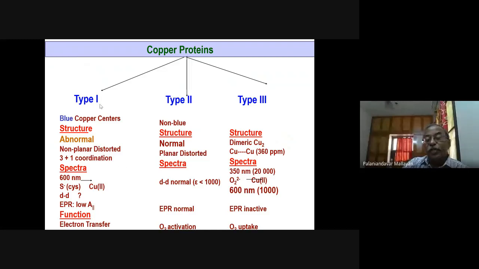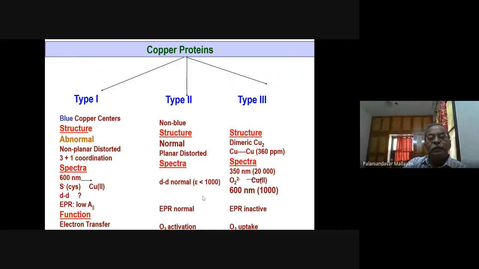Blue copper proteins are those which have very low A parallel value, whereas type 2 proteins have active sites with higher A parallel value, around 142 to 200 gauss. So they have normal EPR spectra. Copper proteins in nature can be classified into two types.